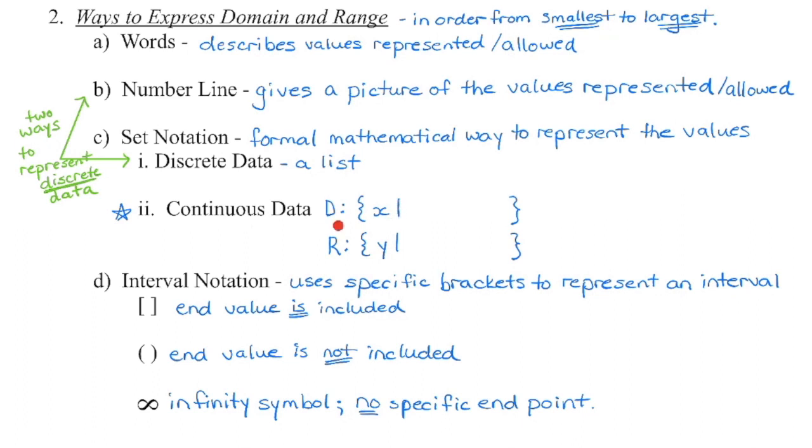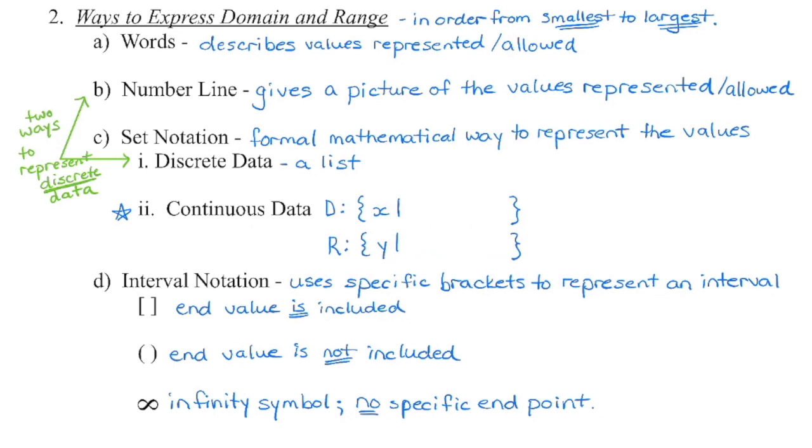So domain is a set of x values such that, and then we describe for that particular graph what's happening, and then we close that brace. And we'll do a lot of examples so you can see how this works. This one would say the range of that graph is a set of y values such that, and then we put in here basically our directions where that graph is going.